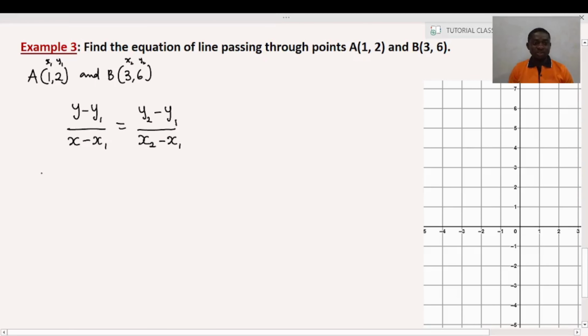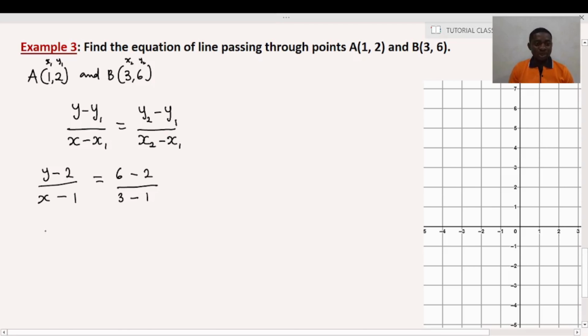So this becomes y minus y1, which is 2, divided by x minus x1, which is 1, equals y2, that's 6, minus y1, which is 2, divided by x2, that's 3, minus x1, which is 1.